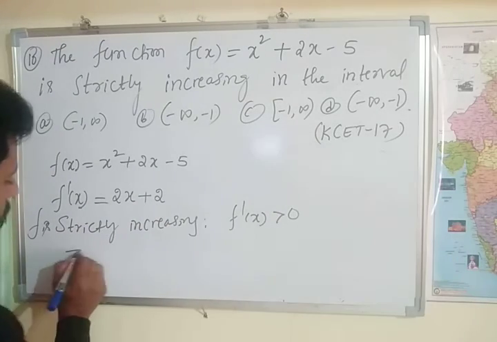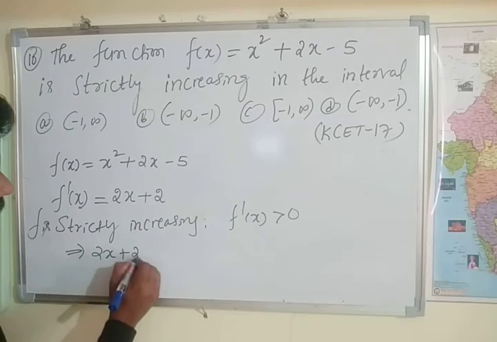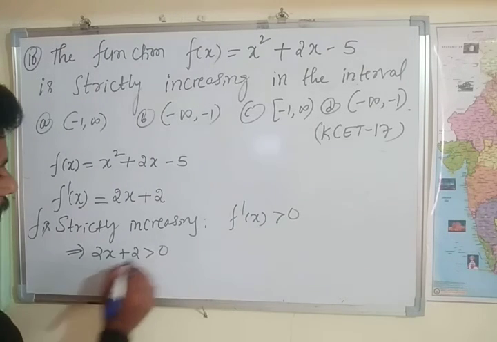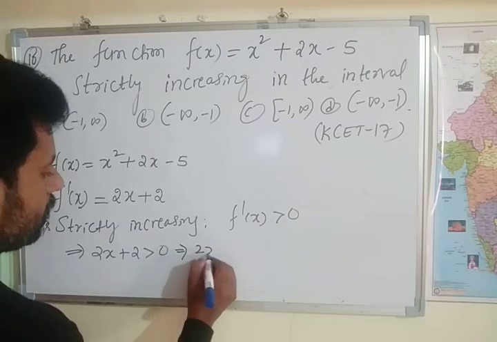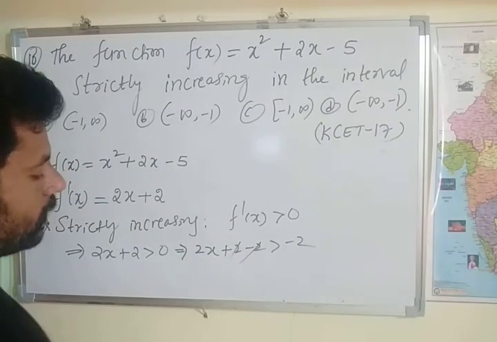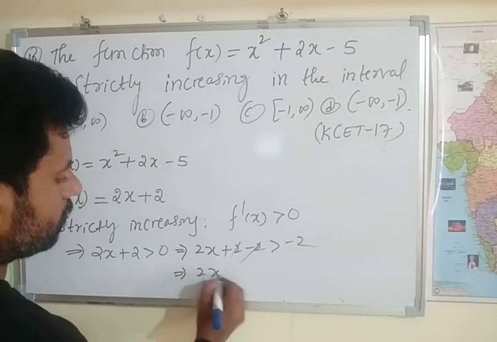This implies 2x plus 2 is greater than 0. Now here, using inequality conditions, simplify the result. Subtract by 2 on both sides, plus 2 minus 2 is cancelled. 2x, here you can write plus 2 minus 2 greater than minus 2, plus 2 minus 2 gets cancelled, we get 2x greater than minus 2.